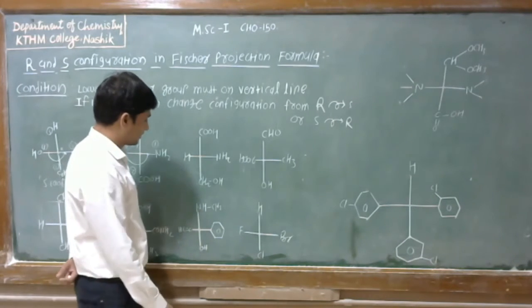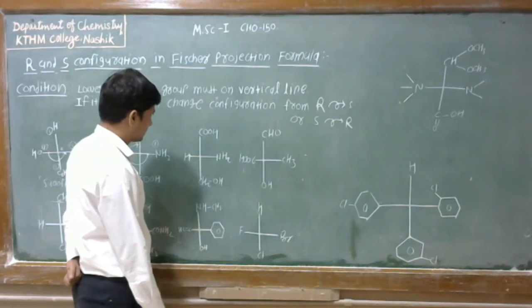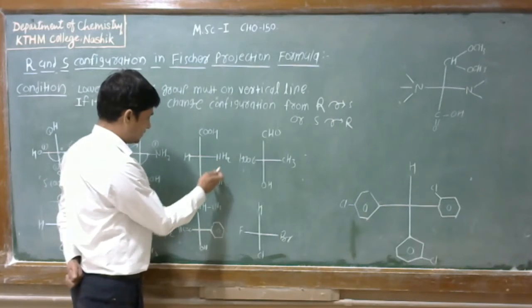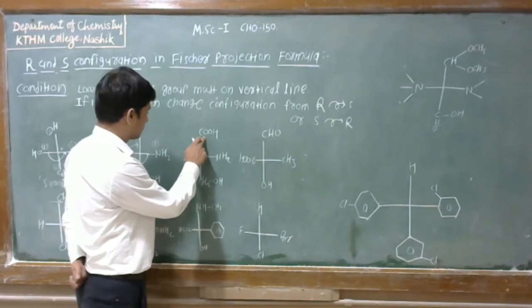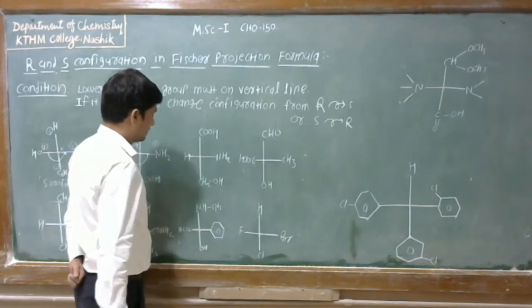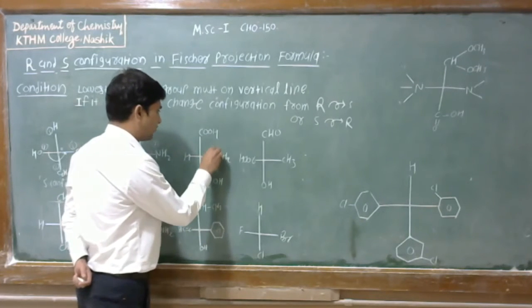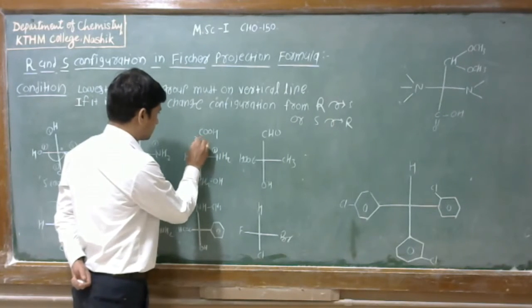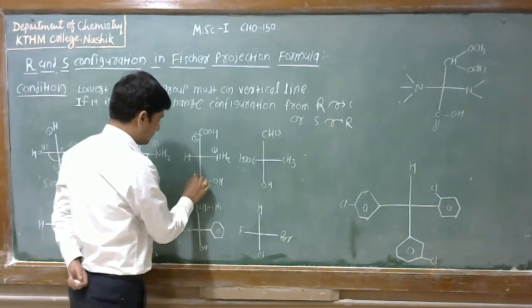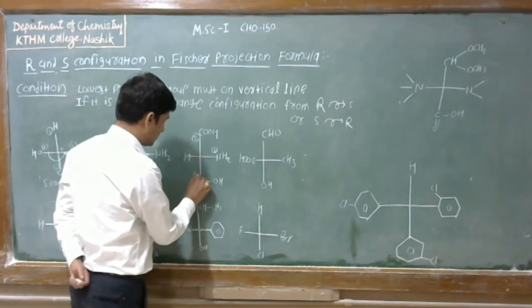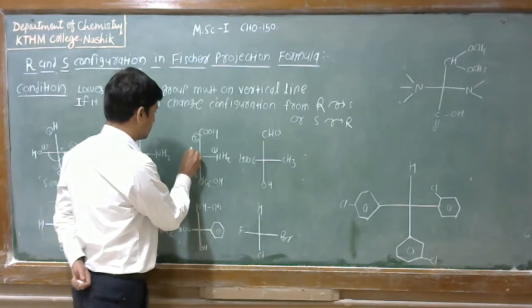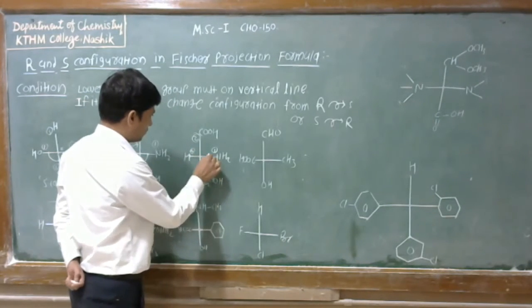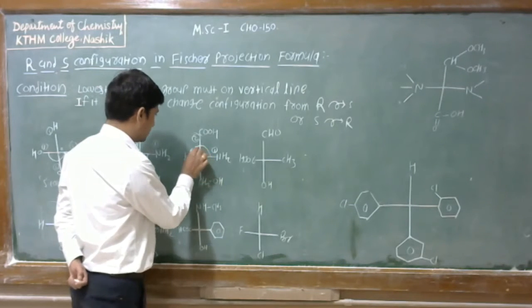Now, in the third example, we can see here. See, this is NH2, this is CH2OH, this is the carboxylic acid group, and this is the hydrogen, out of which the amine group has first priority, the carboxylic acid has second priority, CH2OH has third priority, and this hydrogen has fourth priority. So we move here from 1 to 2 and 2 to 3.